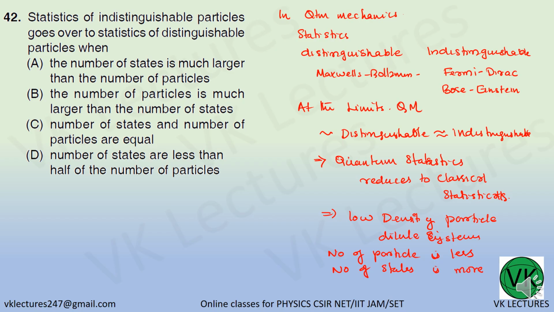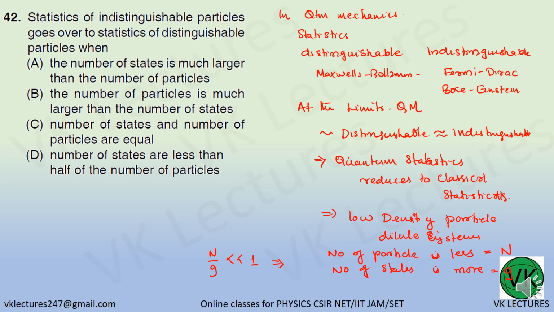When the particles are few and the number of states available for them to occupy is more, such a system is called a dilute system. Number of particles is given by the letter n and number of states is given by letter g. Now n by g, that means number of particles and number of states, n by g is very much less than 1. This is the limit for when quantum statistics reduces to classical statistics. So according to the option, the number of states is much larger than number of particles.